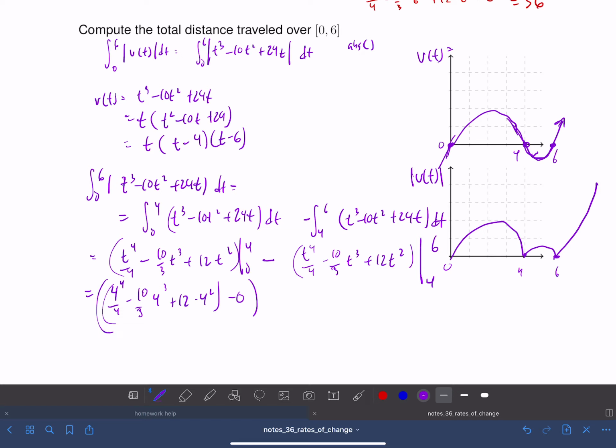Minus 6 to the 4th over 4 minus 10 thirds 6 cubed plus 12 times 6 squared, minus 4 to the 4th over 4 minus 10 thirds of 4 cubed plus 12 times 4 squared.